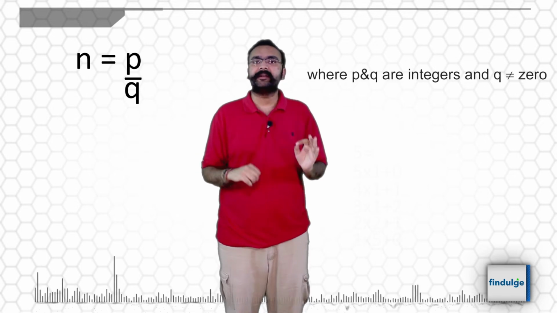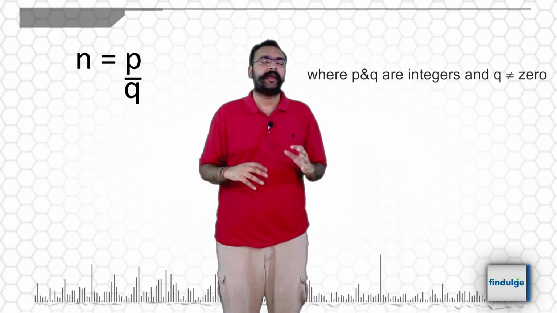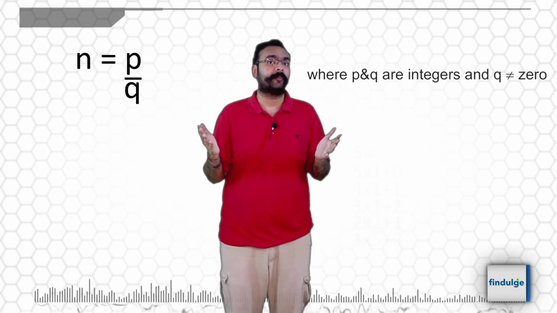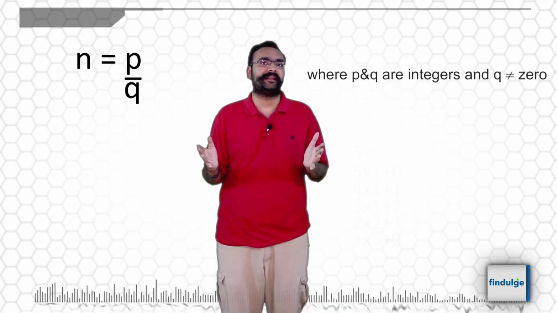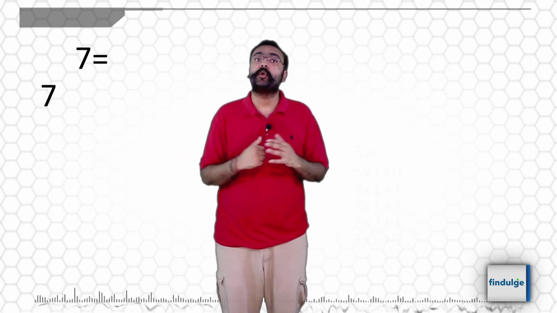A rational number is anything that can be represented like this. For example, the number 7 can be written as 7 upon 1, or 14 upon 2, etc. So I can see it is in p by q form.